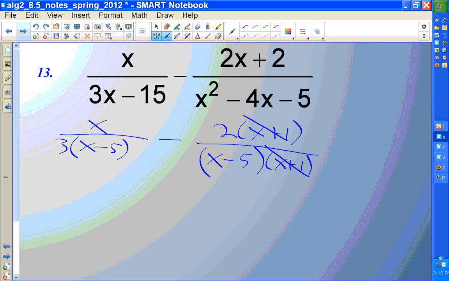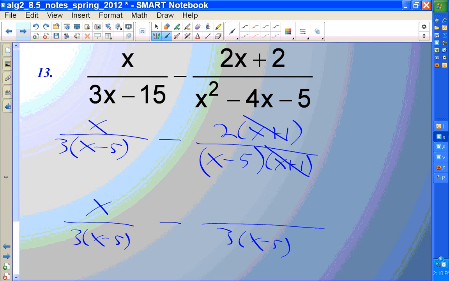If you factor top, factor bottom, and you can reduce here, now when I go to my LCD, what's my LCD going to be? 3 times x minus 5. So this stays x. This becomes 3 times x minus 5.